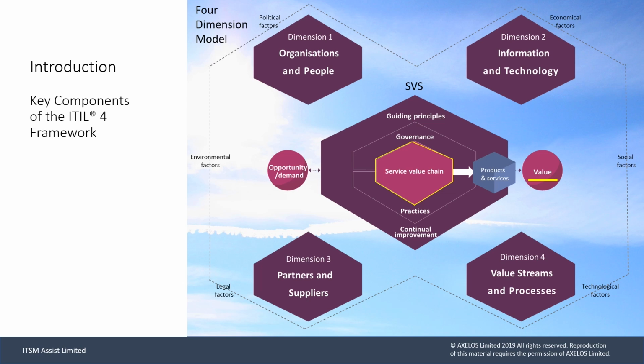So whilst the operating model of the service value system appears to compare with the legs of the human body, for example, which move the human body from A to B, the human body needs other components to help to achieve this, such as the brain, the heart and the lungs, etc. So in the case of the ITIL service value system, in addition to the operating model, the service value chain, we need the guiding principles, governance, practices and continual improvement. I hope this makes sense.